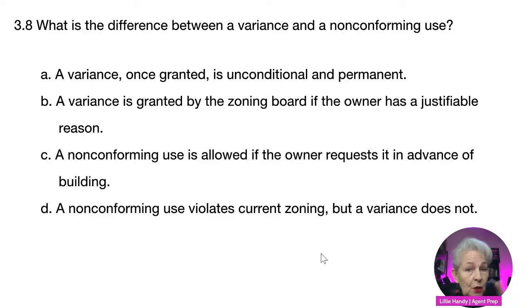Okay, so if zoning changed, what was before gets to stay there and is subject to change upon conveyance. Well, conveyance means when they sell it. Once it transfers to another owner, then it has to abide by the new zoning.